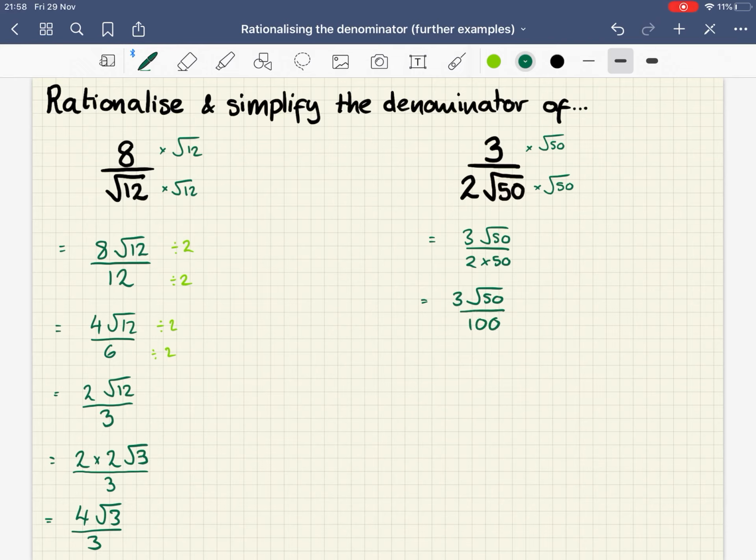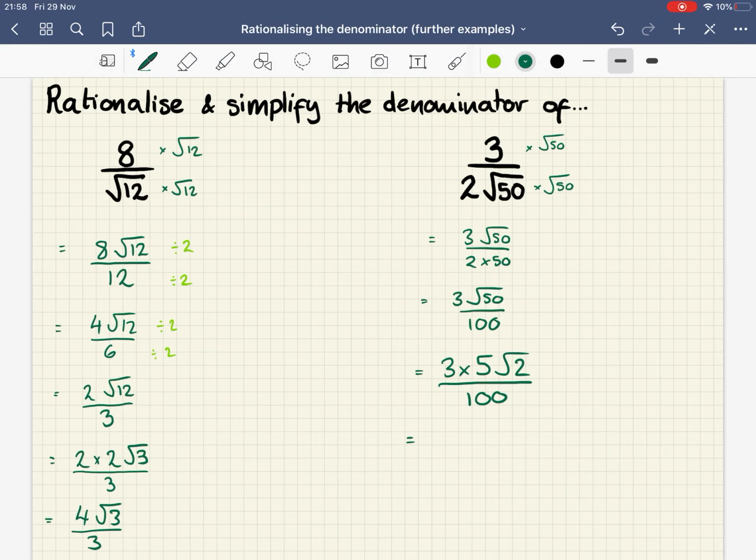And so once again, this root 50 can actually simplify. So that is now going to become 3 times, not 2, what am I saying? 5 root 2 because 25 times 2 will give me that 50. And if I square root the 25, it gives me that 5. And that all goes over 100.